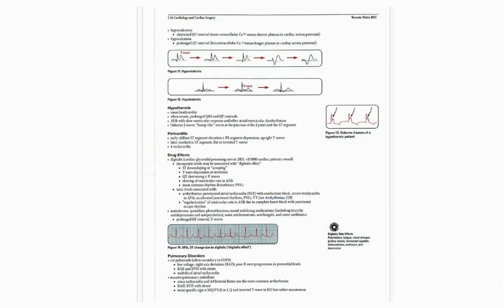Pulmonary embolism, sinus tachycardia is most common. S1Q3T3 is classic but uncommon. Once again, mastering these ECG patterns allows you to recognize life-threatening conditions rapidly and confidently, making them indispensable for both examinations and real-world clinical practice.